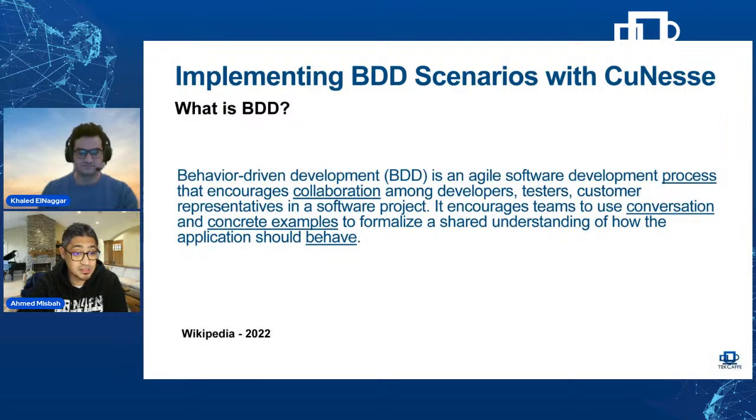So it's a process, meaning that it's end-to-end. So it starts from when you've got an idea up to the part where you deliver working software to your customers or your end users. It promotes collaboration, which is a very, very important practice if you're doing agile software development.